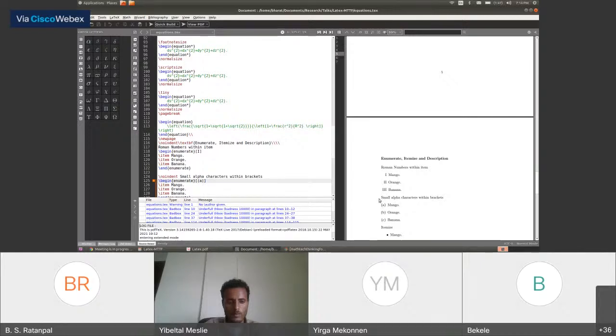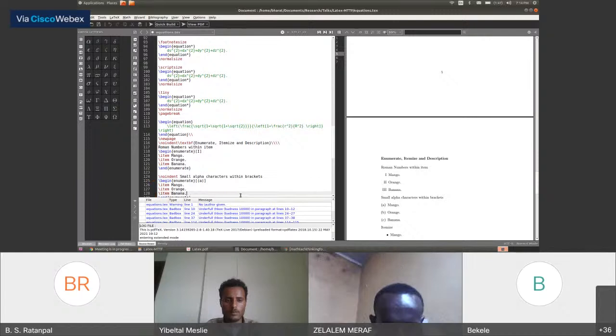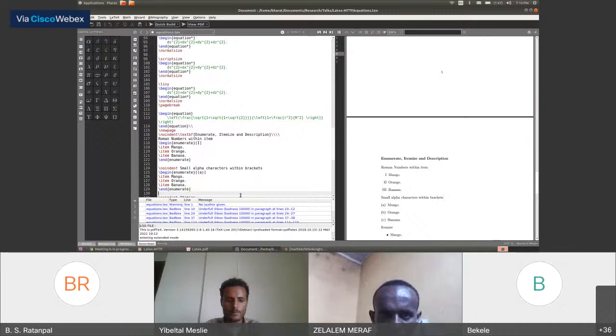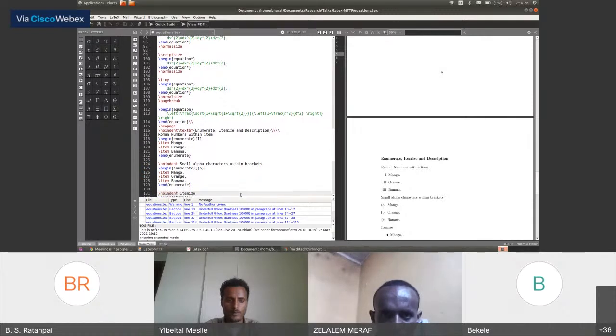Because I have written it within the bracket, the letter will come within brackets. If I simply write A, the brackets will not come and only A, B and C will come. But I want it in this manner: A, slash item mango, slash item orange, slash item banana. You got the idea? Yes or no? Yes, sir. So these are the ways of writing enumerated text.